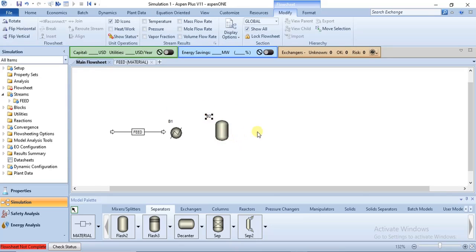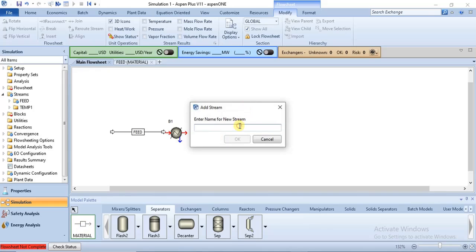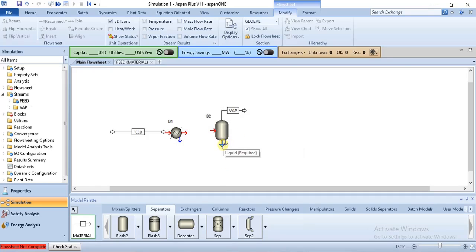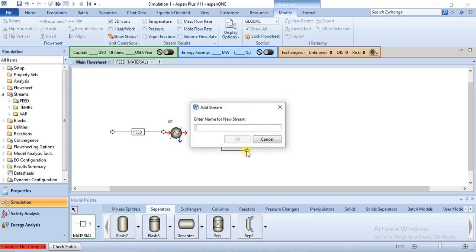But flash 2 is gas and liquid, so you have a vapor outlet and a liquid outlet. That is what we'll be making use of in this particular model.